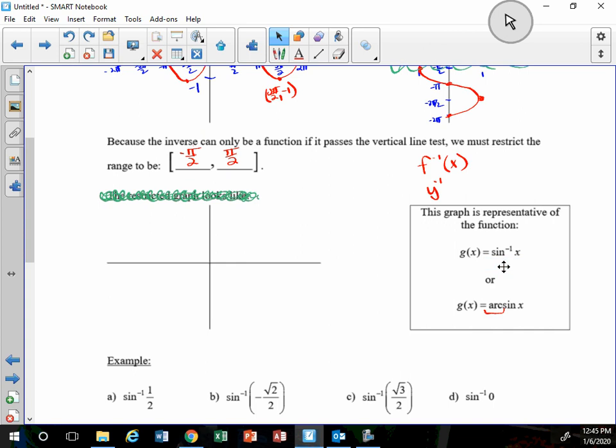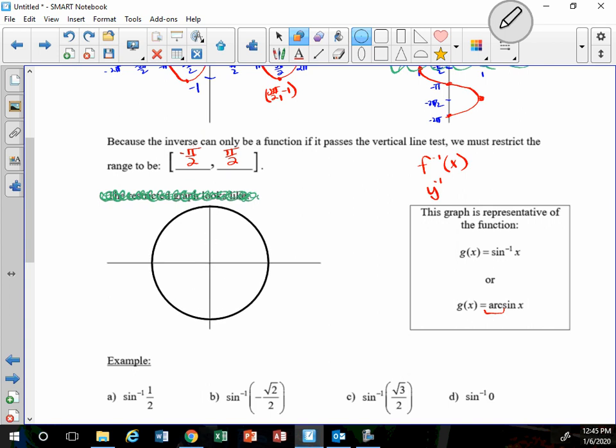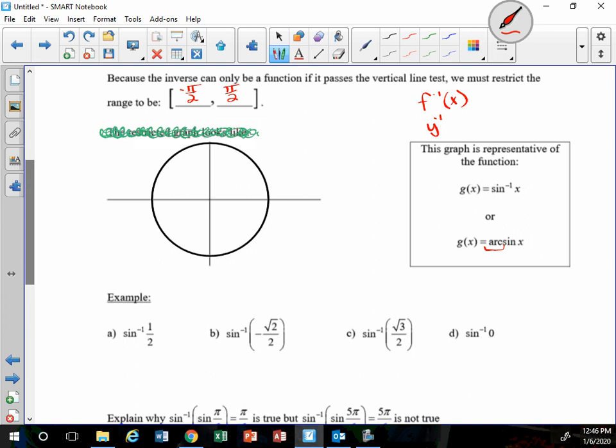Okay, so what we're actually going to do with this, I'm going to draw a circle on this little graph here. And now let's think about the range we're talking about. It has to go from -π/2 to π/2. So on your unit circle, guys, where is -π/2?